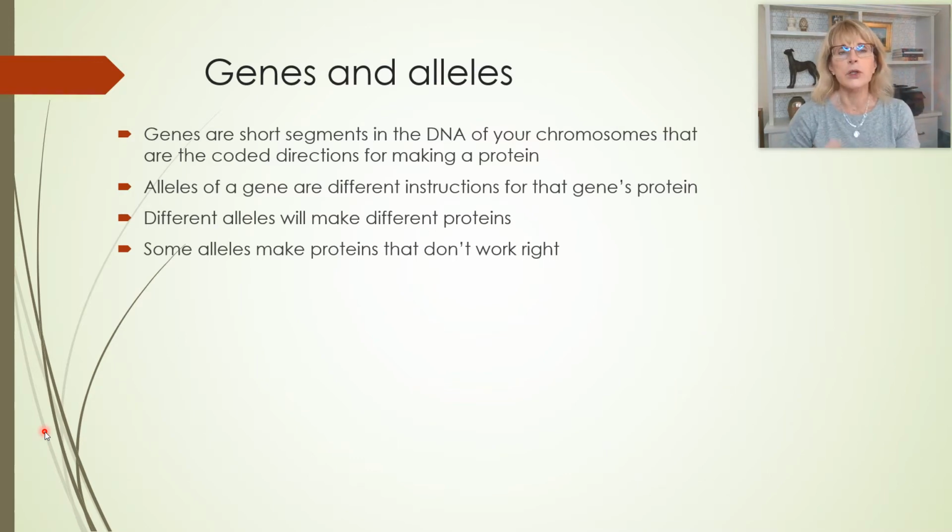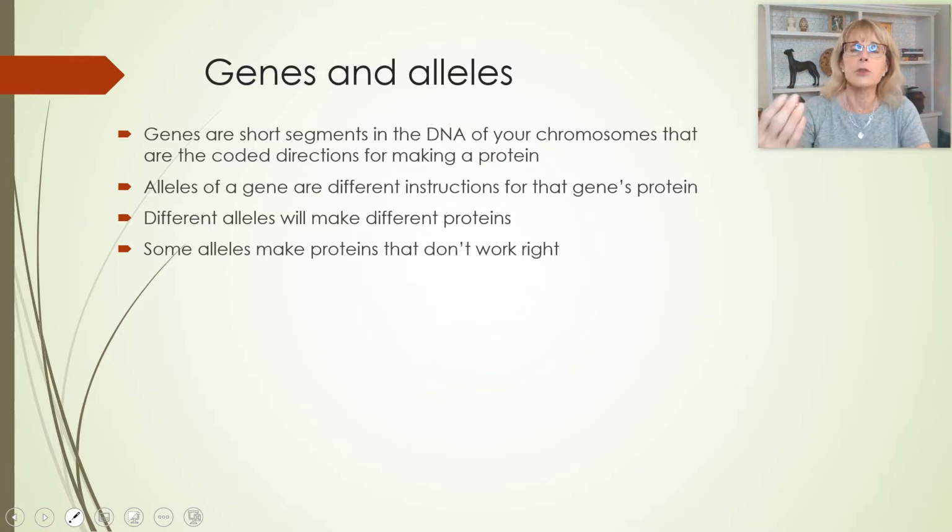So let me just remind you about genes and alleles, okay? So a gene is a short segment in the DNA on one of your chromosomes, millions of base pairs long. A gene would be maybe a couple thousand base pairs long. And that is the coded instructions for how to build a protein.